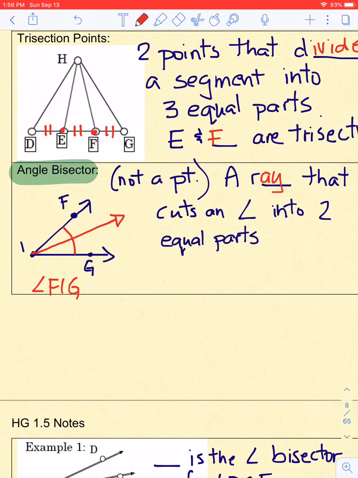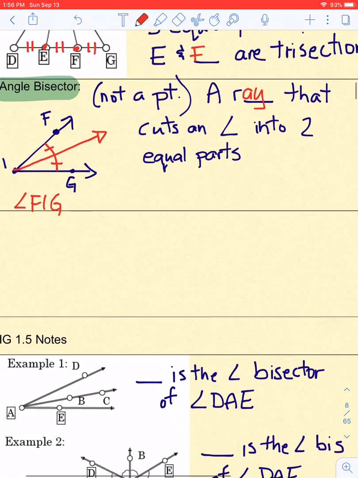And when we do, that ray cuts it into 2 equal parts. So this angle here and this angle here are both equal angles, and when I put equal hash marks on both of them, that's what that means. So a ray bisects an angle, not a point.